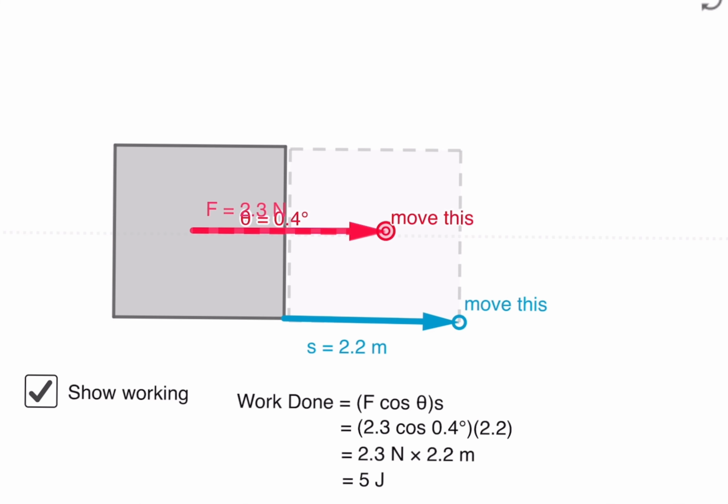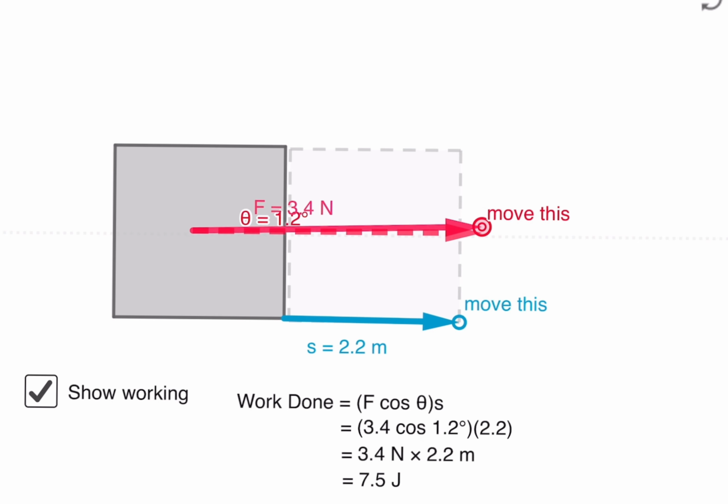So 2.2 meters is the displacement and 2.3 newtons is the force. So what you are getting is 5 joules, which is the unit of work done. Displacement is in meters, newton is the unit of force, so ultimately the work done is 5 joules.